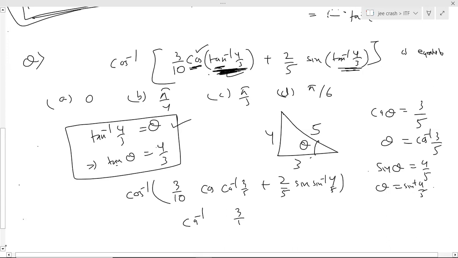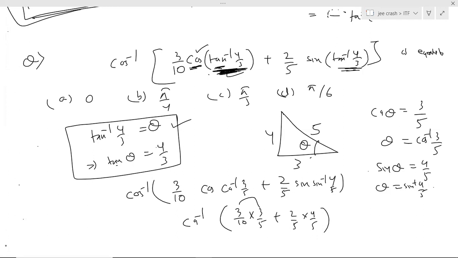Cos inverse of 3 by 10 into 3 by 5, plus 2 by 5 into 4 by 5. So this is 9 upon 50. You can do the calculation. You'll get the answer. Please tell me the final answer, everyone. Calculate this.